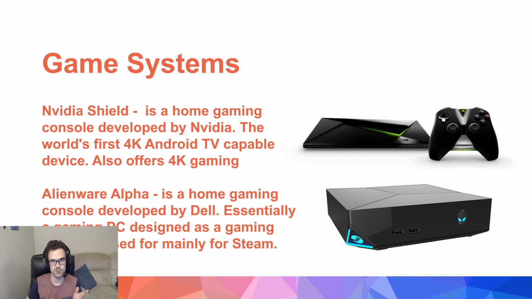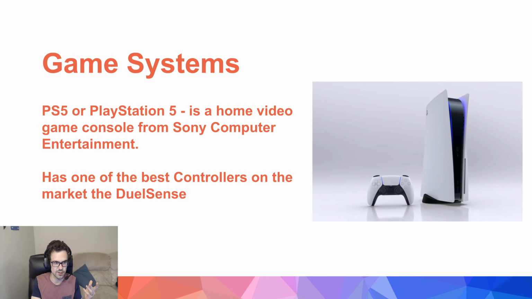So again, Nvidia owns the Shield, Dell owns the Alienware Alpha series, and basically Steam has a huge library of games which you can download on this, and this is known as the Steam Machine, and it's where you can play these games that are in the Steam library. Okay, so two very unique systems that are not as well known, but specifically are really cool in the gaming industry, and that's why I'm presenting them first.